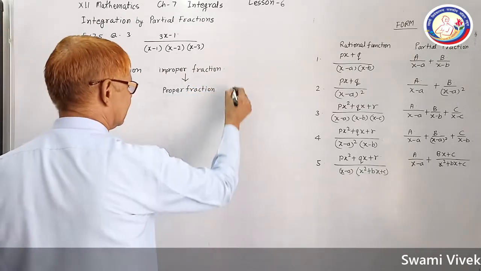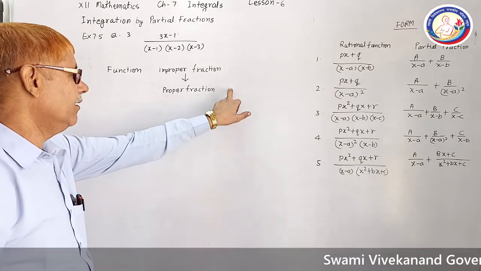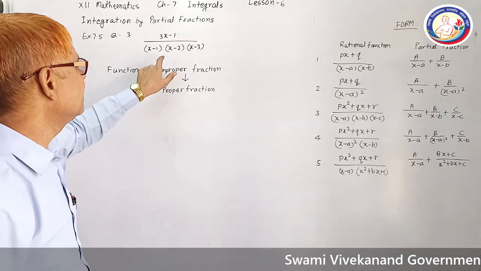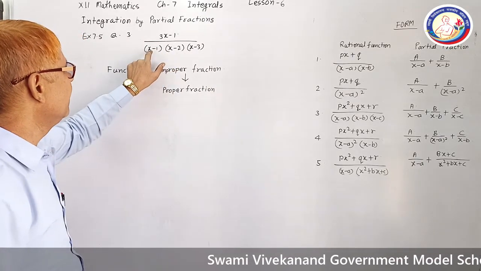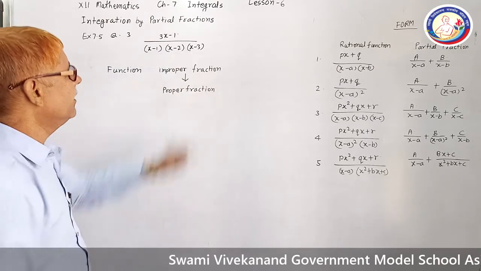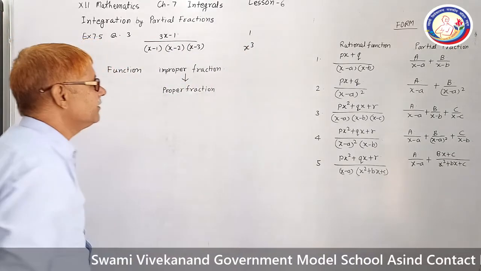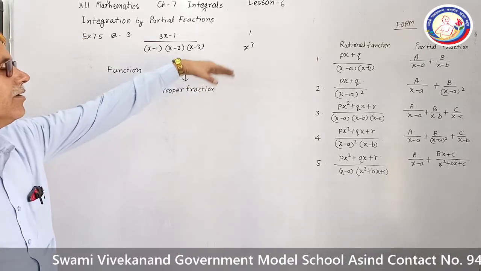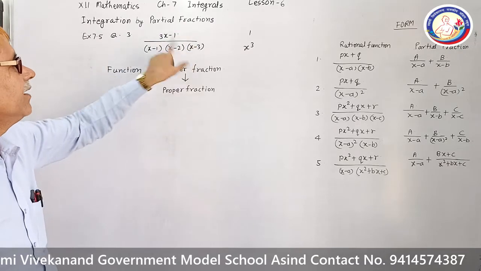It means the highest power in the numerator must be less than the highest power in the denominator. Here, in the denominator it is x cube and in the numerator it is 1. So this is a proper fraction.